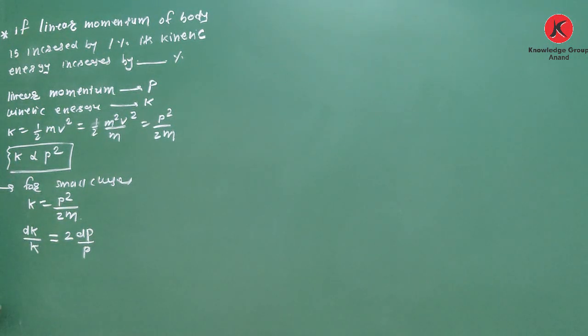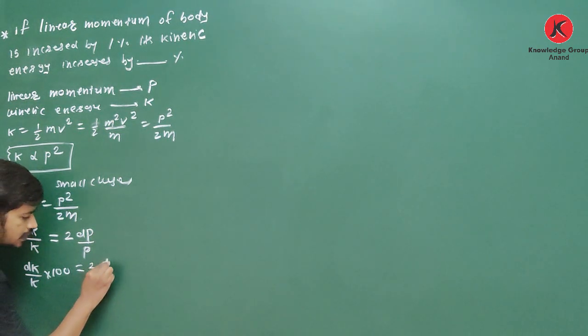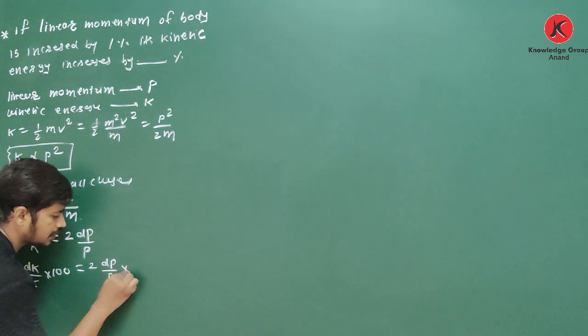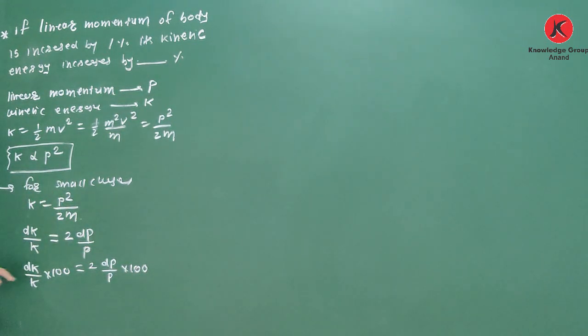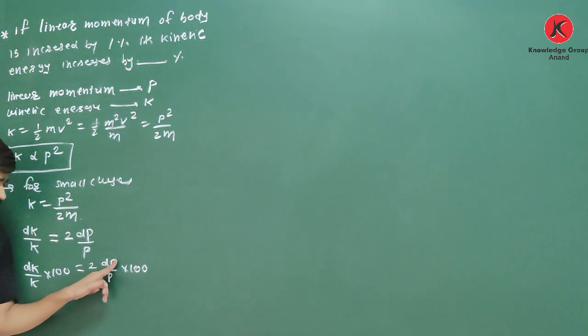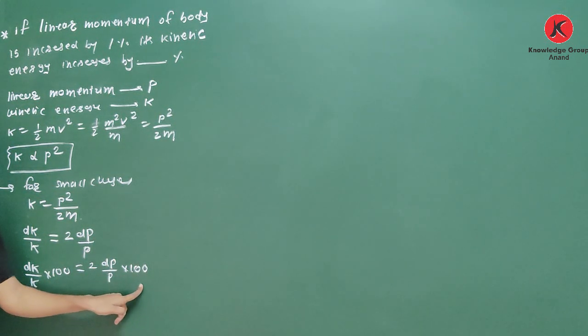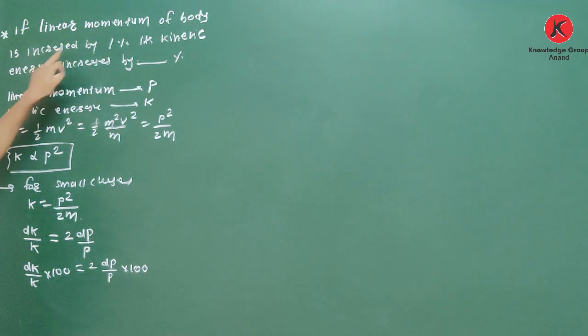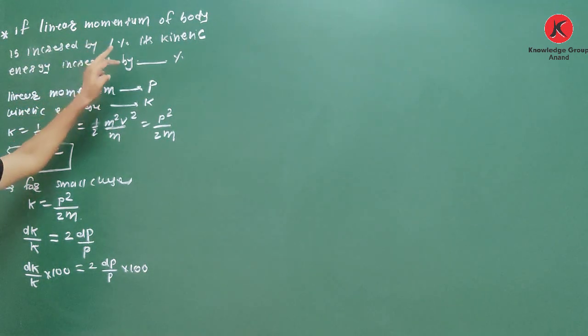Now if I multiply this equation on both sides by 100, then dK upon K into 100 is equal to 2 dp upon p into 100. This is how to find percentage: change upon original into 100. See, the linear momentum of the body is increased by 1%.